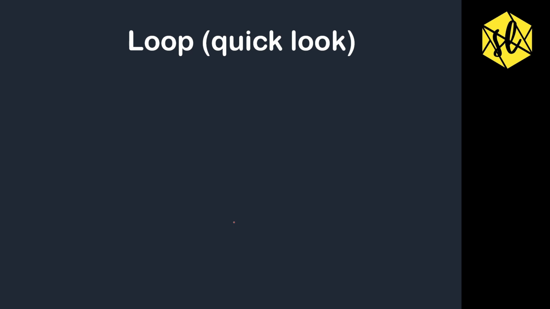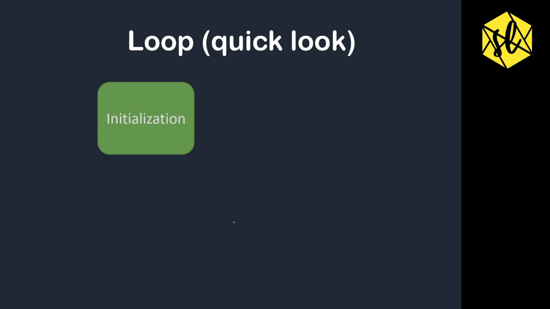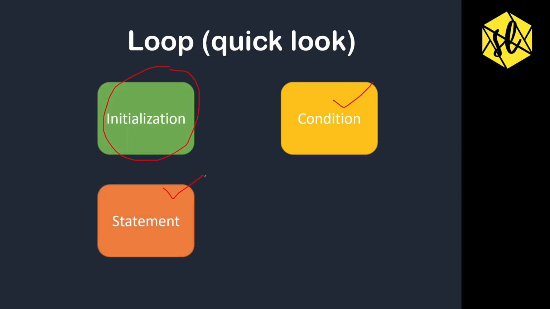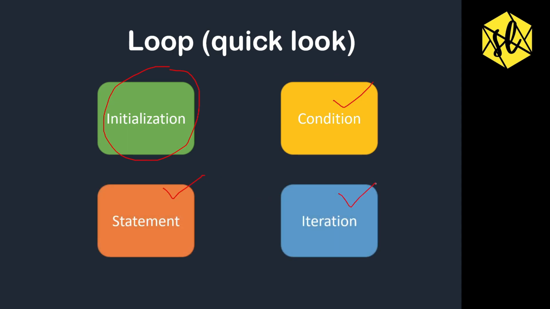Let us understand the loop in a very quick look format. First of all, in a loop there are 4 important topics, one of them being initialization. After that it is condition, then statements, after that iteration.